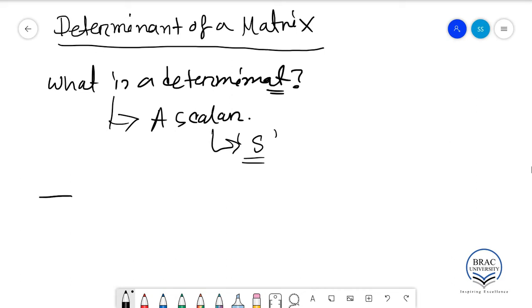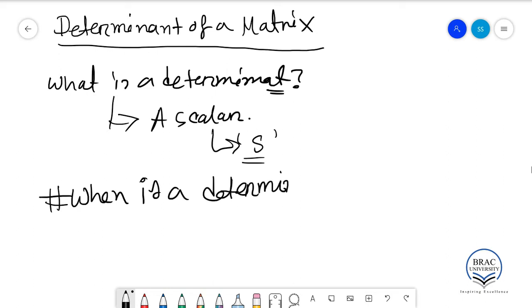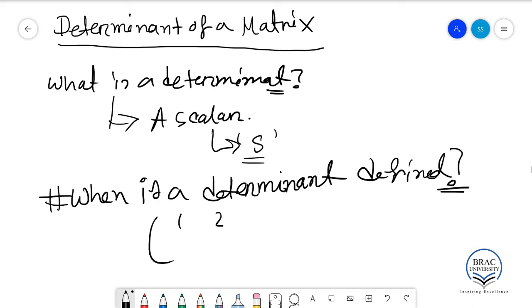Next thing we want to ask is, when is a determinant defined? This is the second question we are asking. Can we compute a determinant for any kind of matrix? Let's say you have a matrix like this, 1 2 3 4 5 6.